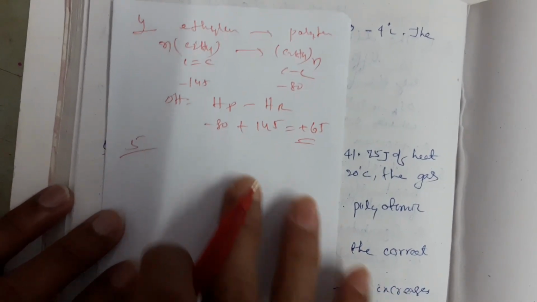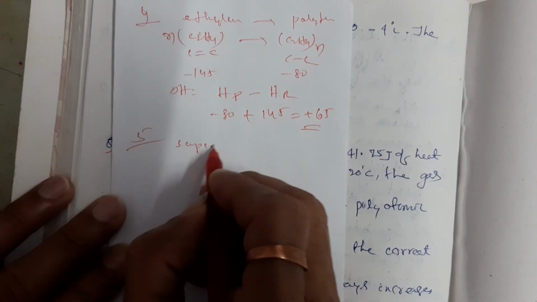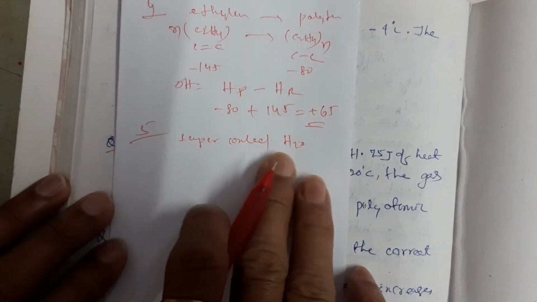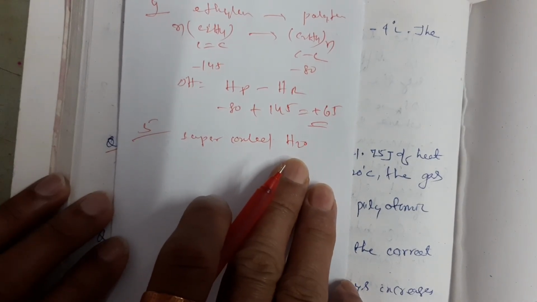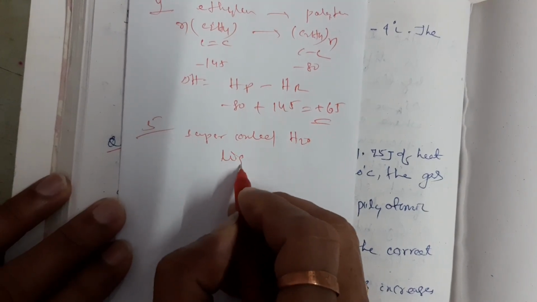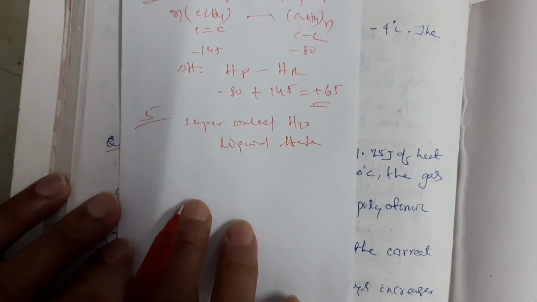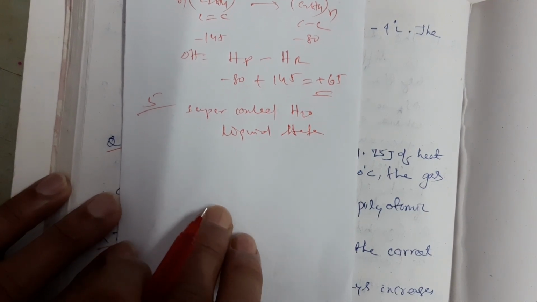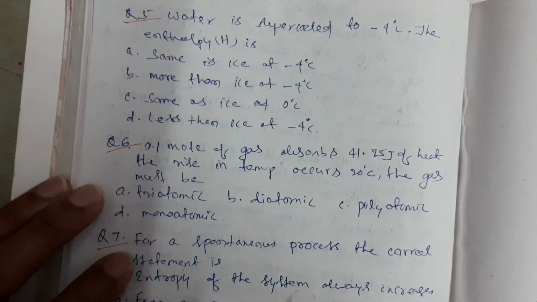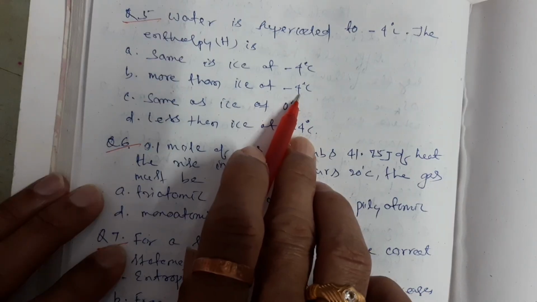Supercooled water. When water is supercooled at minus 4 degrees centigrade, it remains in the liquid state, meaning its enthalpy is higher than that of ice at minus 4 degrees centigrade. So it is more than that of ice at minus 4 degrees centigrade.